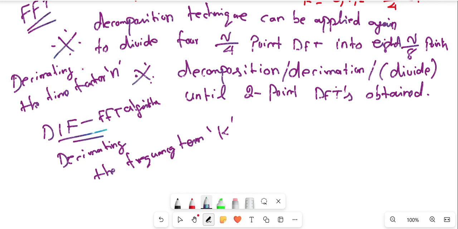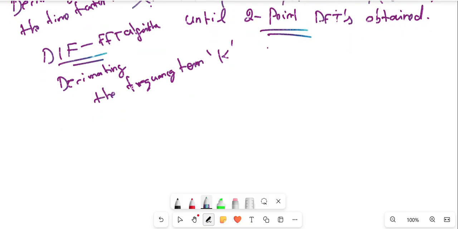So generally we go until 2-point DFTs. Now, how to draw the 2-point DFT diagram. Each decomposition stage doubles the number of DFTs. Note, these are points you can expect in 2 marks, MCQ or 4 mark questions.